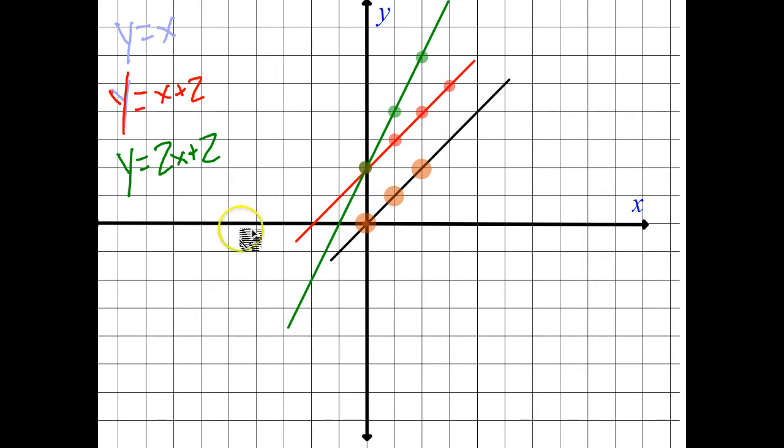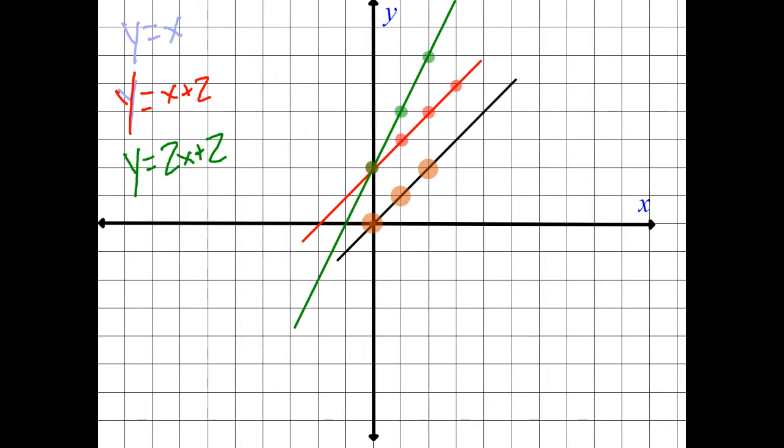Now, what I want you to really look at is the y-intercept here. When you plugged in 0, this first one is y equals x plus 0, and this one is y equals x plus 2.